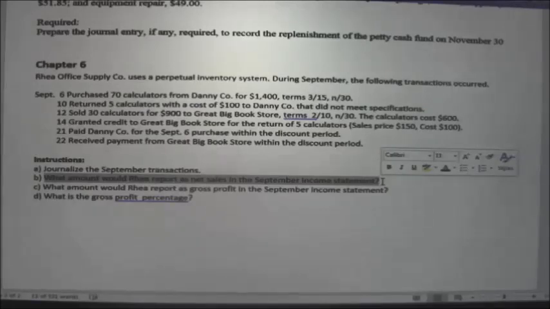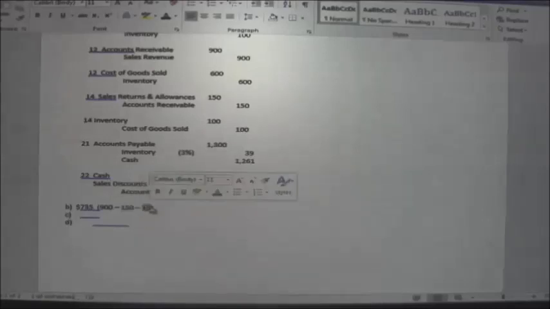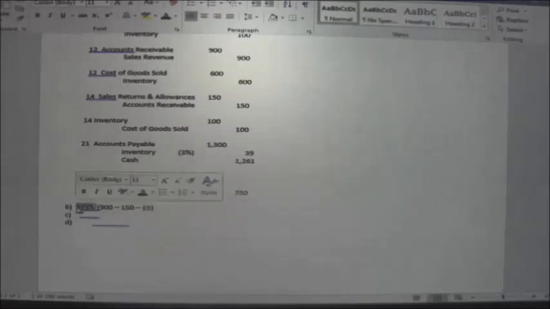How much did I end up selling? $735. I had sales revenue of $900, but I gave them a return of $150, and then a discount of $15. So in all, I had net sales of $735. Okay, net of returns, allowances, and discounts is what net sales means.